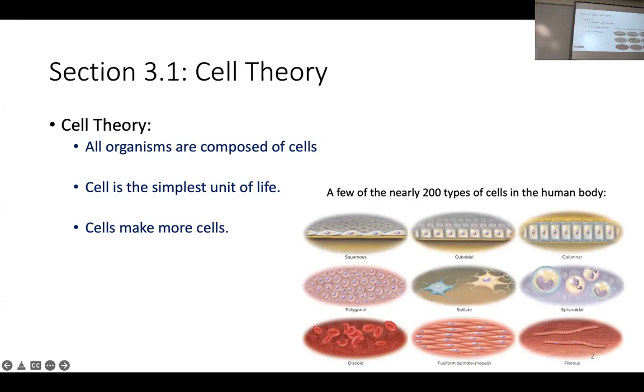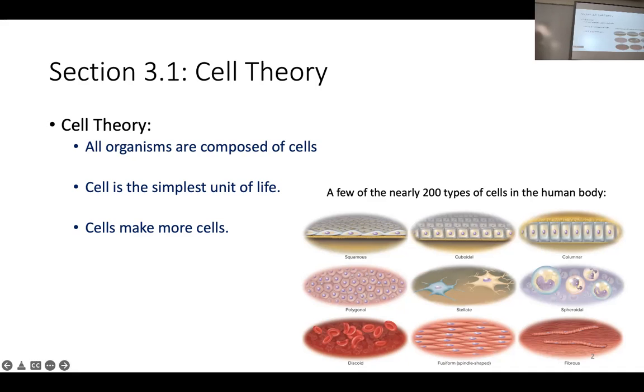First off, a few concepts you need to know about cells are based on the cell theory. You may have heard this before. There are three main principles that in biology we think of as true about cells. This is a theory of what cells are and how they work. All organisms are composed of cells, so at least one cell.